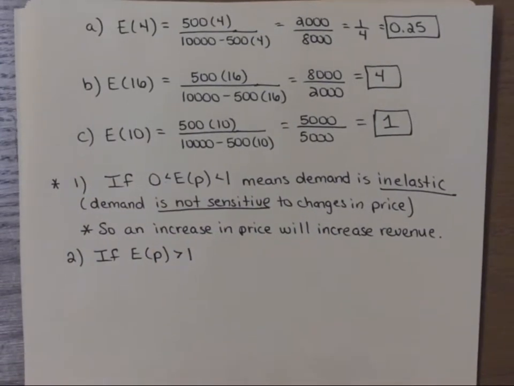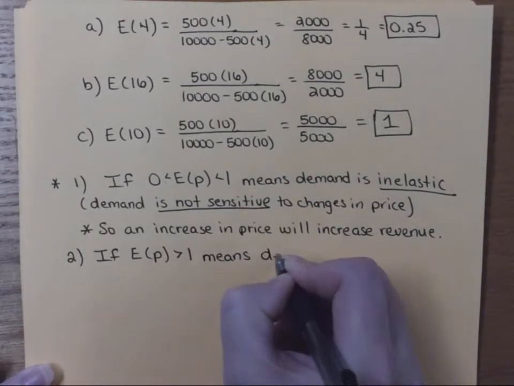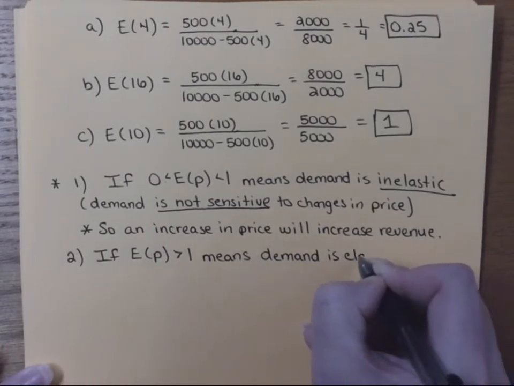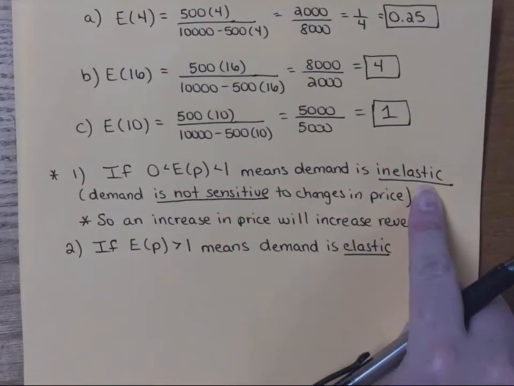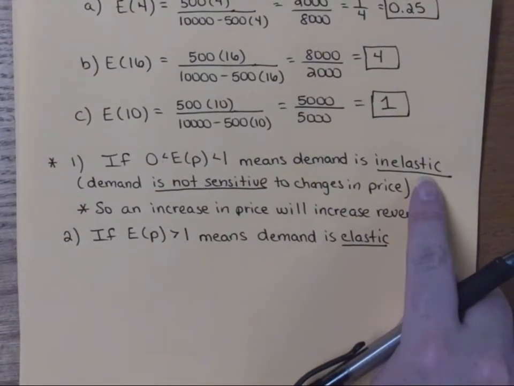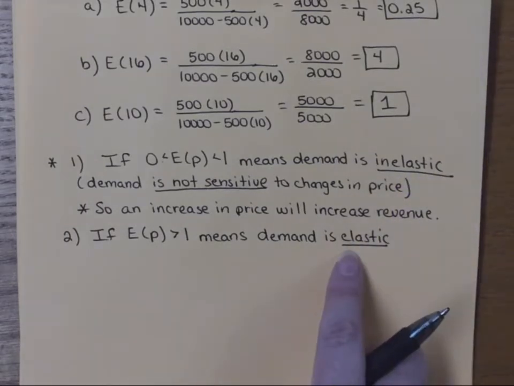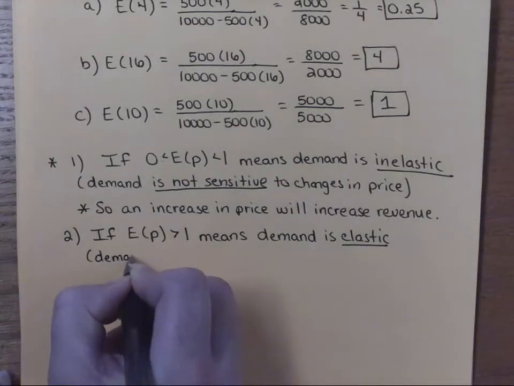So if the elasticity of demand is something larger than 1, this means that the demand is elastic. Think of it this way. If something's inelastic, like if something can't be stretched, that means it doesn't move a whole lot. If it's elastic, like a rubber band, then it moves, right? So it means that the demand would change.